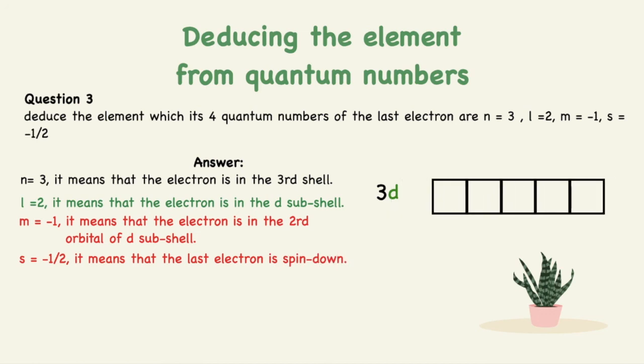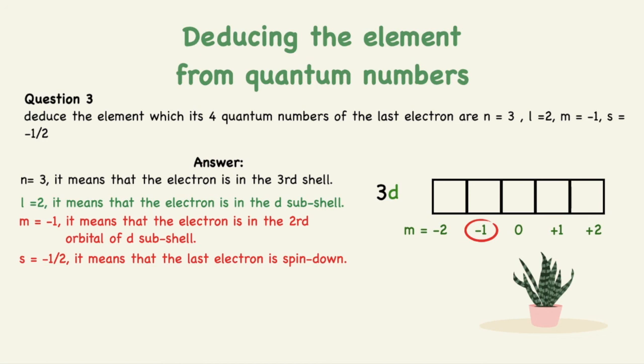The d subshell contains 5 orbitals, and m will be valued from -2 to +2. Our orbital ends in m equal to -1, so it will end here.